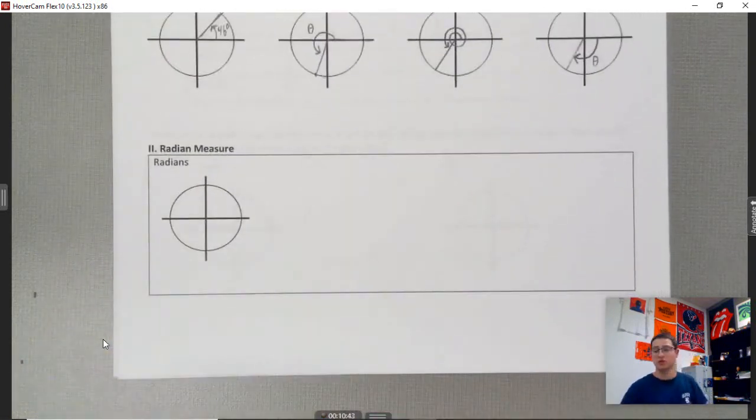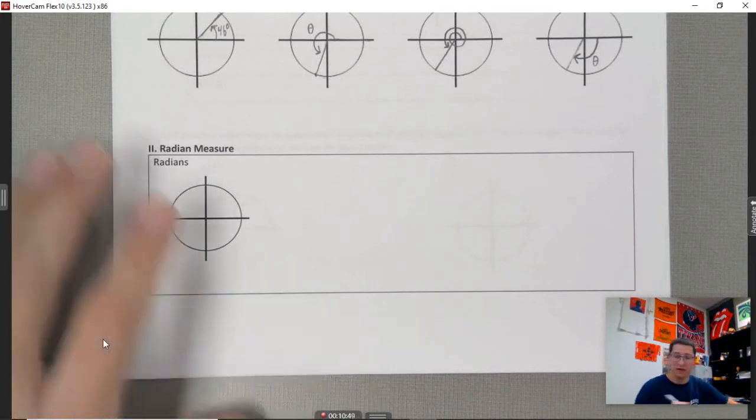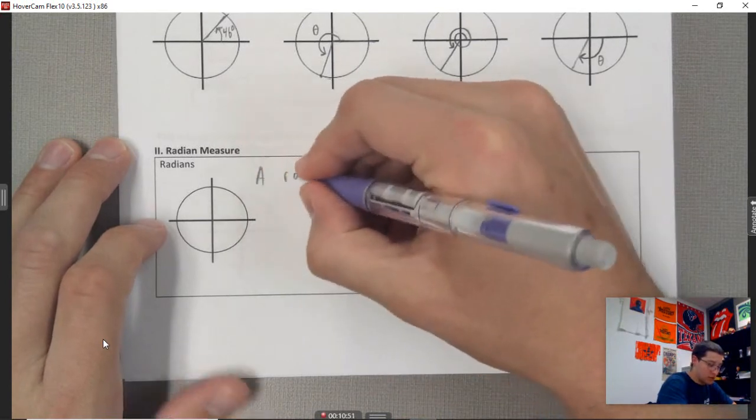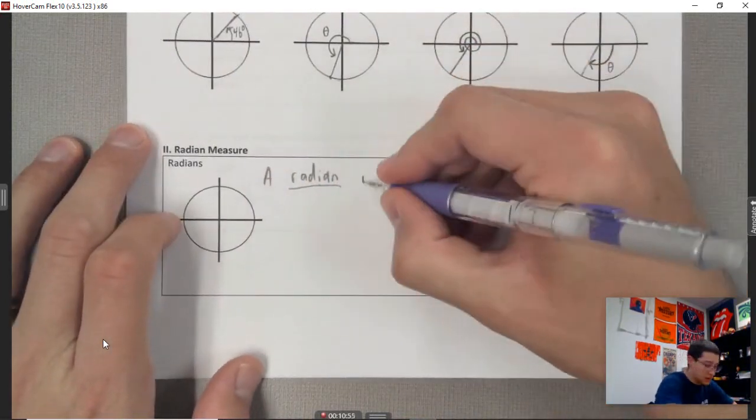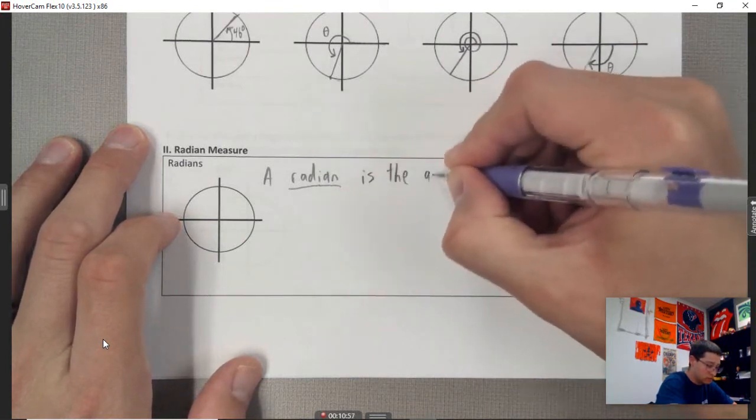Okay, radian measure. Let's talk about what a radian is. I'm going to start off with saying what 1 radian is. I'm going to go ahead and write it first. A radian, okay, is the angle.